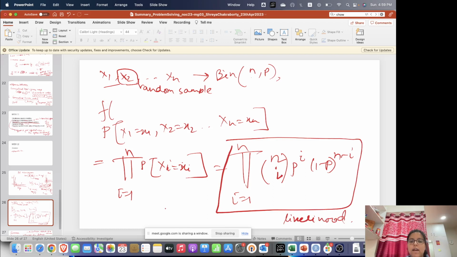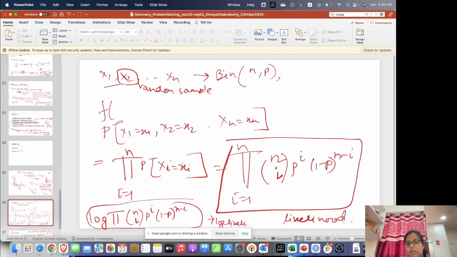Now if I take a log of this thing, then this becomes the log likelihood. So the joint PDF or joint PMF that we have is essentially the likelihood, and if we take a log of that, that would be the log likelihood.